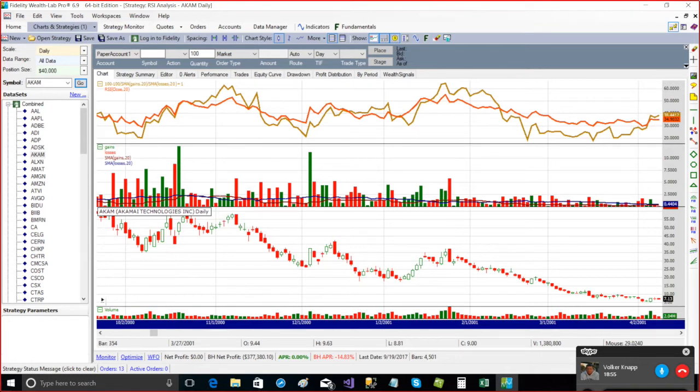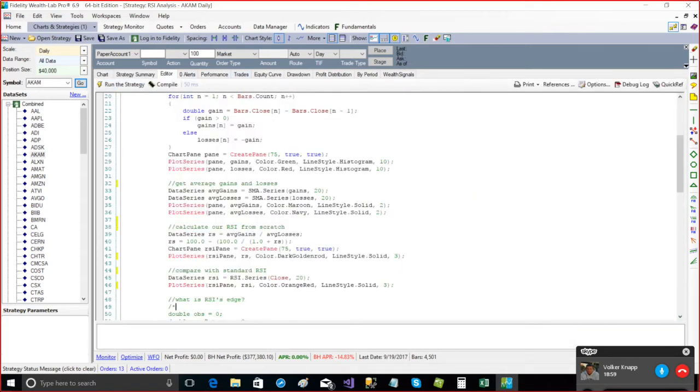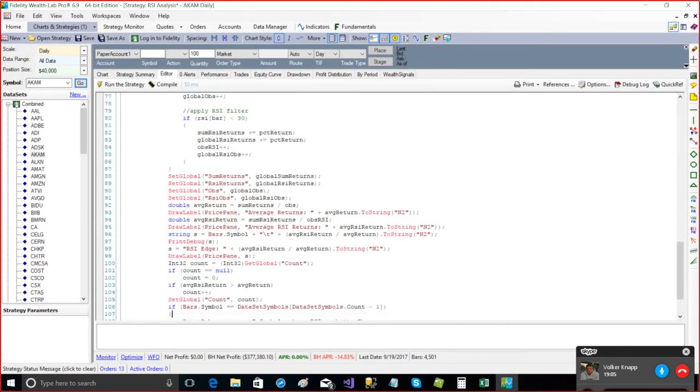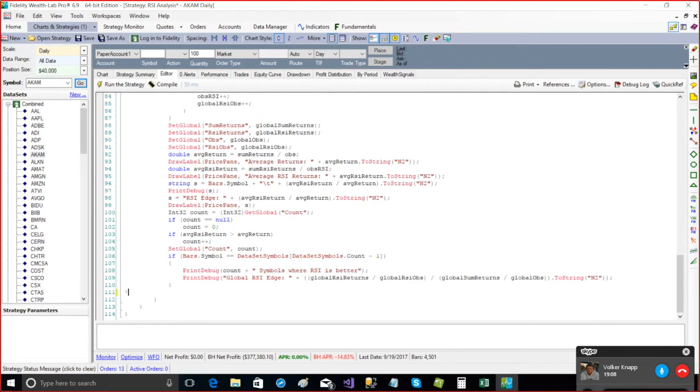What I did in my code is I created a script here, which will give us the RSI's edge. And I'll run this first and then explain what it's doing. So I'll run it first on one symbol, Apple, for example.